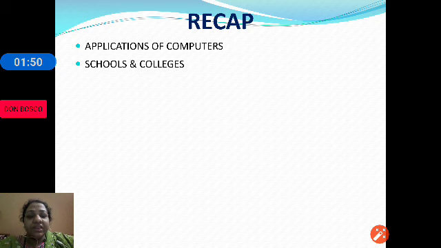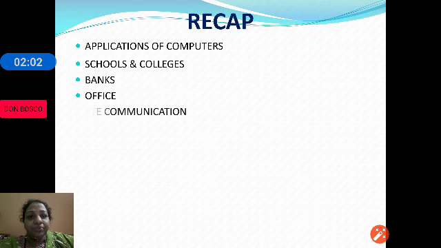In our previous class we had a very detailed discussion of the application of computers. We studied how computers are used in various areas, various walks of life.